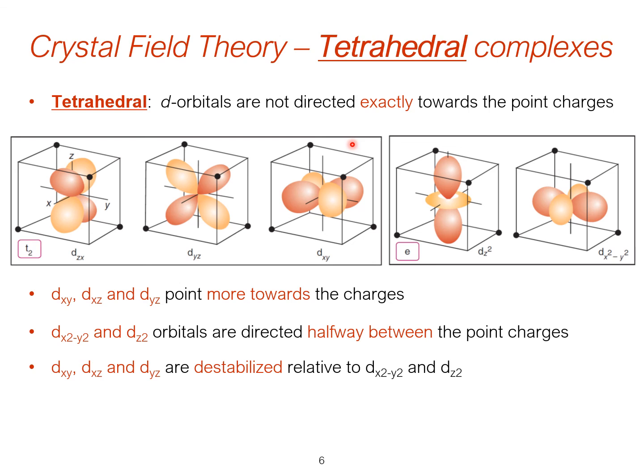So in this case, we've got the orbitals again in this cube, and you can see the points here are on the corners that make the tetrahedron this time. With T2, if we look at how the ligand approaches the metal, it will take this line, which is quite hard to draw, from a point charge to the centre.